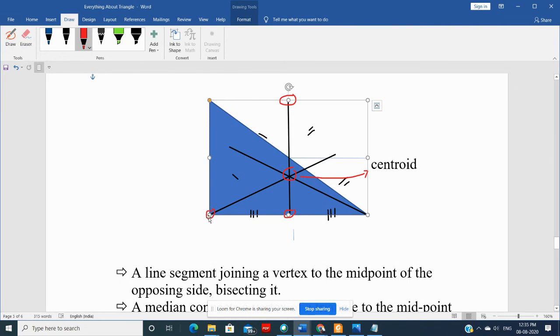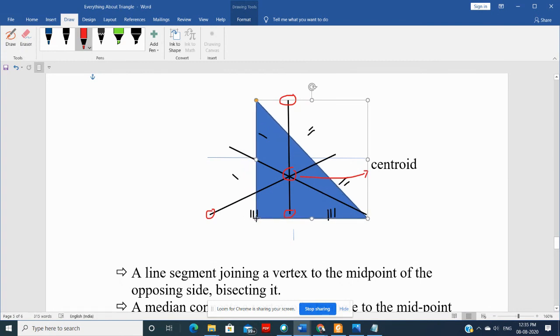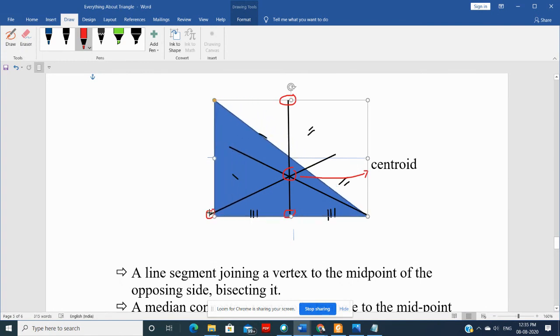It's not only that, see, if I take it from this point of view, right? So from any point you take, if you try to move this triangle in any point, the result will be same. That is, the centroid will remain in the interior region of a triangle.